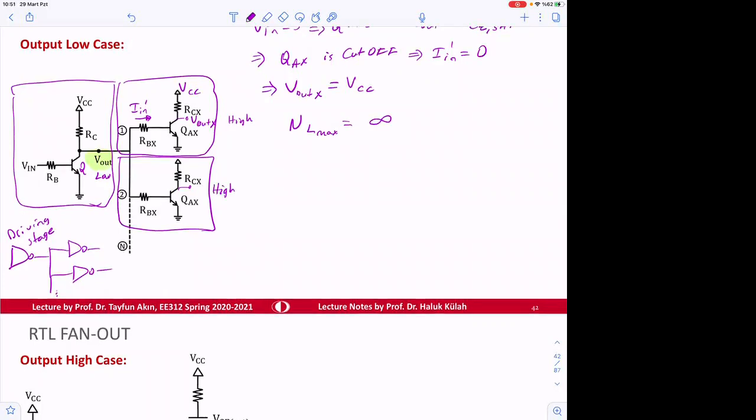This will be high, this will be high, and all of them are going to be high at V out of X. So there is no limit. So it's good, no problem here. The problem is for the output high case.